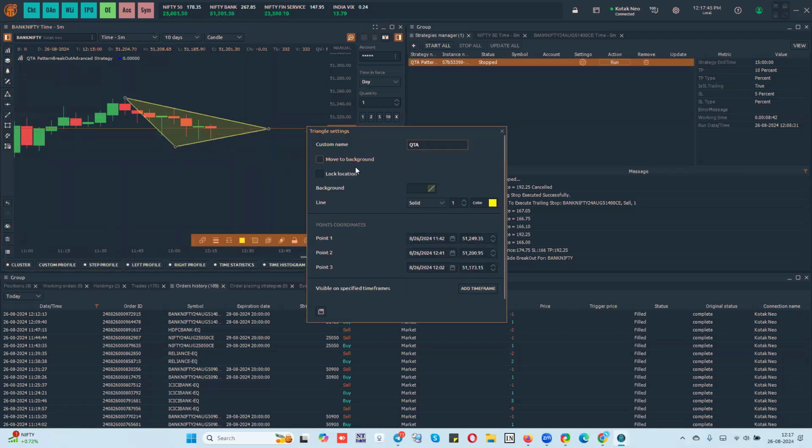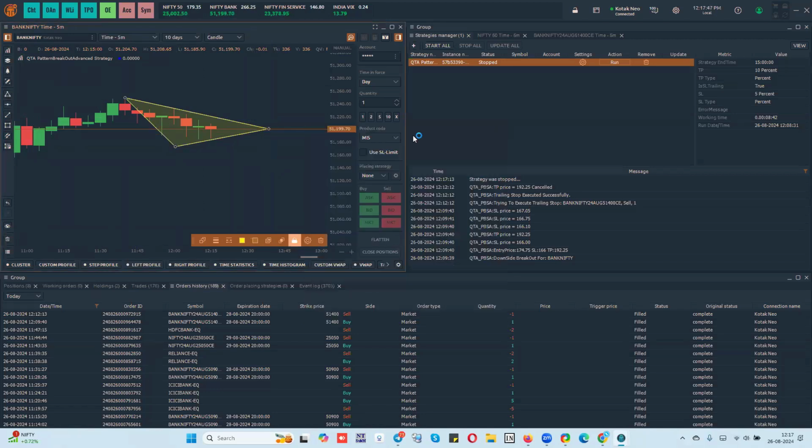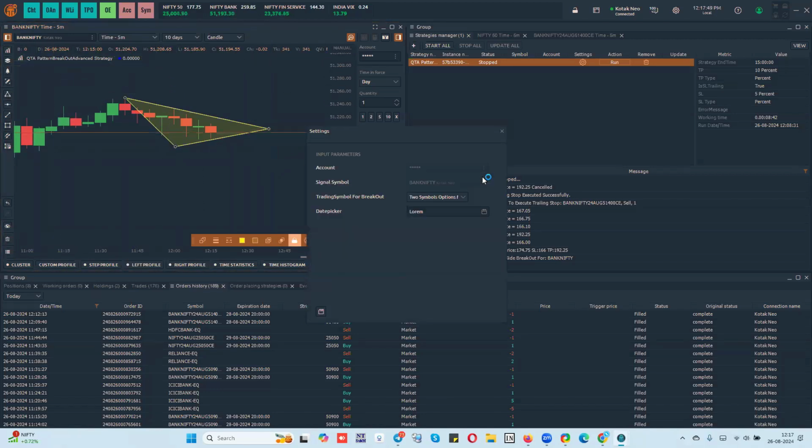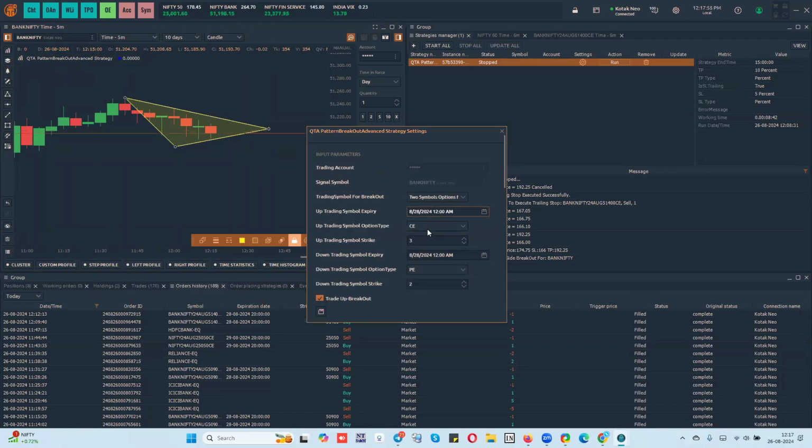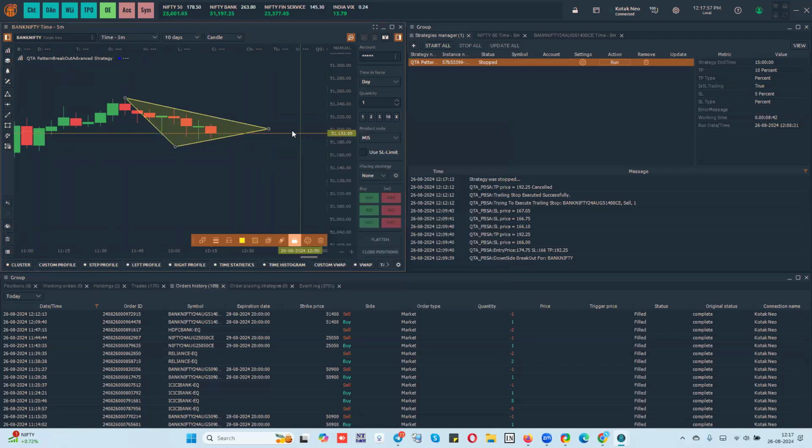All the parameters are the same, I just made one small change: instead of buying call on both the sides, now I've made it call and put. So on the upside breakout, it will buy the call, and on the down breakout, it will buy the put option.